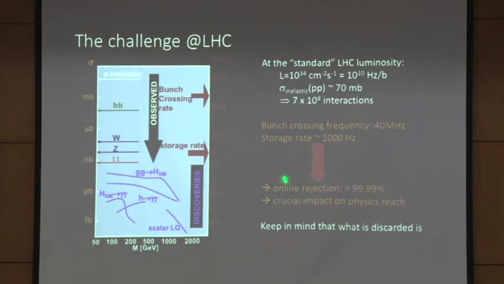So I shrink it down. But while shrinking, I have to make sure that I don't miss a single one of these events, right? So that's what we do in the trigger system. Like we say, okay, there should be 2 photons. That could be a possible Higgs candidate. So trigger it and keep it.